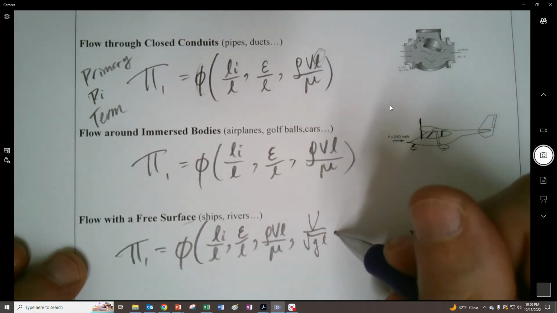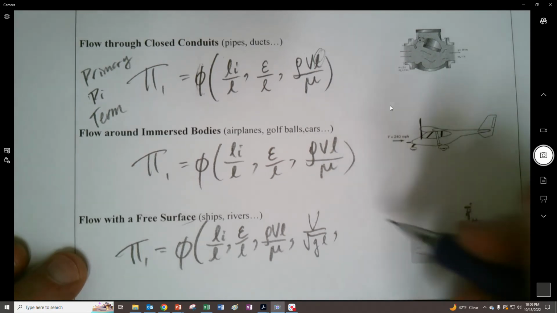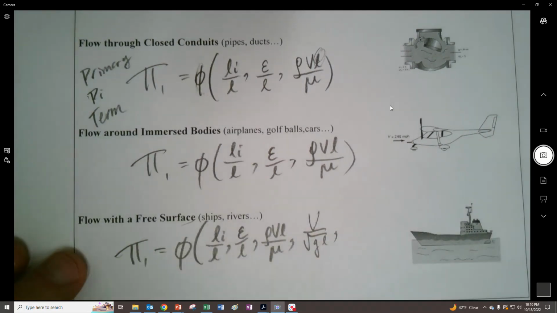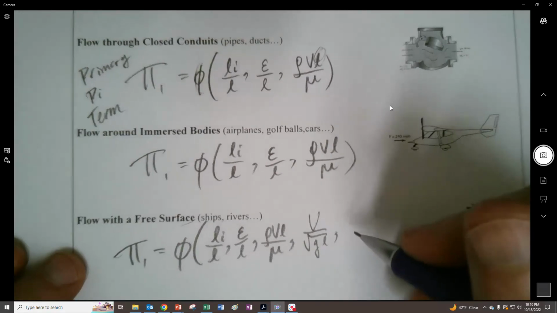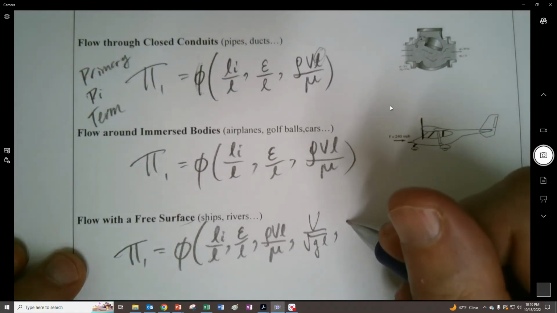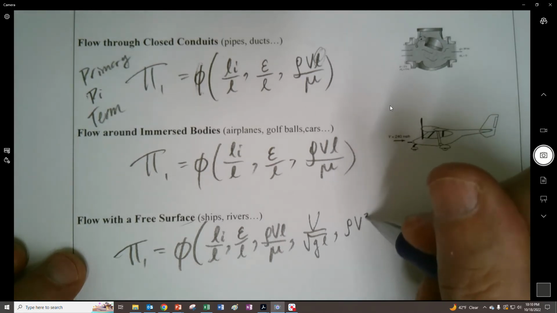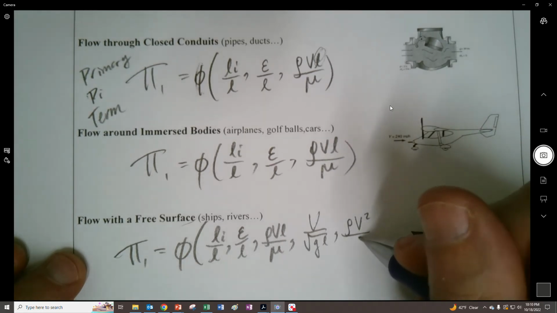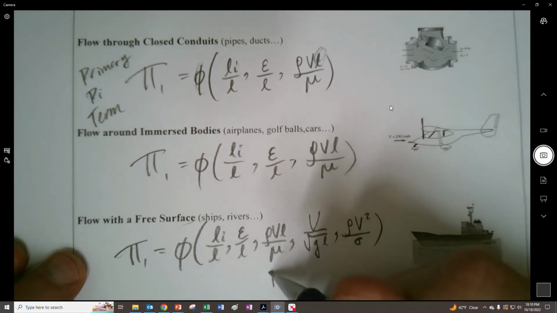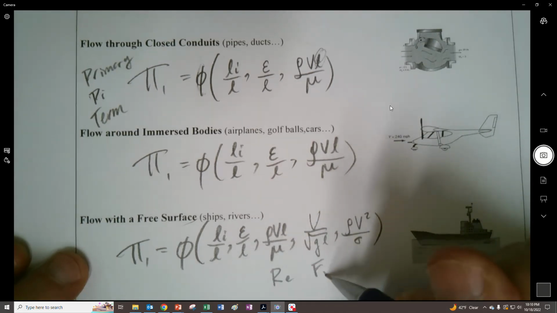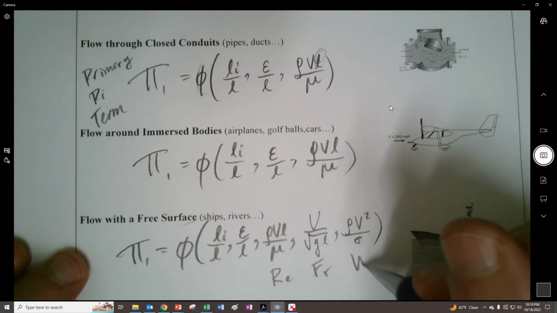John Mayer told me that. And we also might have surface tension, because maybe if we're at a small enough scale, we would worry about surface tension, which is called the Weber number. I think I got that right. So you'll see that we have Reynolds number, Froude number, and Weber number.